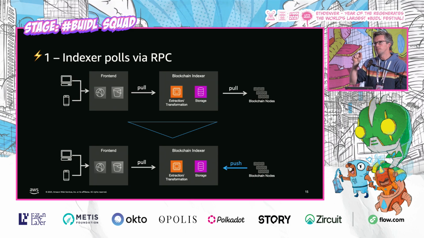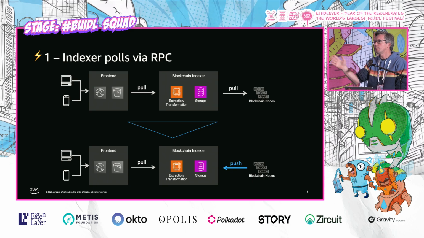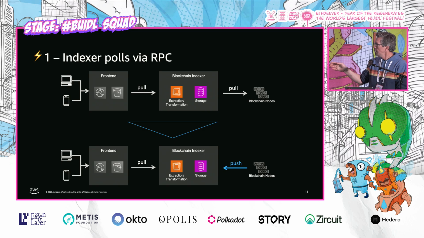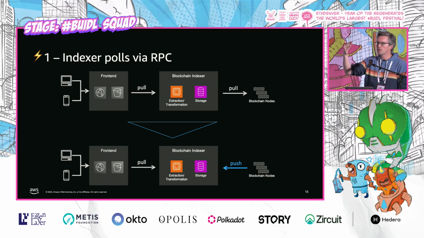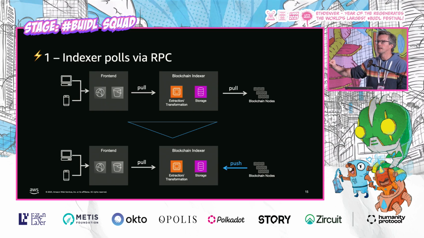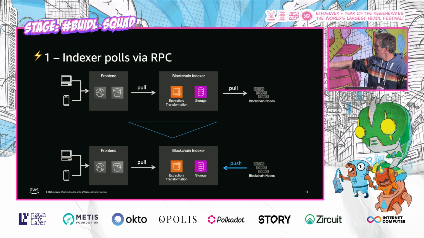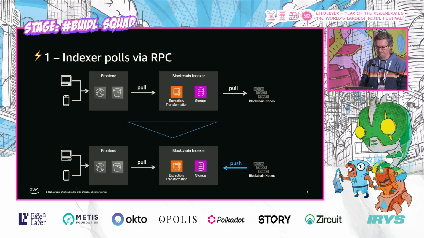That would, of course, make it much simpler for the indexer to actually be aware of new data because it gets it continuously via the node. And then the front end can still pull the data from the blockchain indexer, or it could be some sort of push mechanism there too. But the main part that we are concerned about now is really the blockchain nodes pushing data into our indexer.